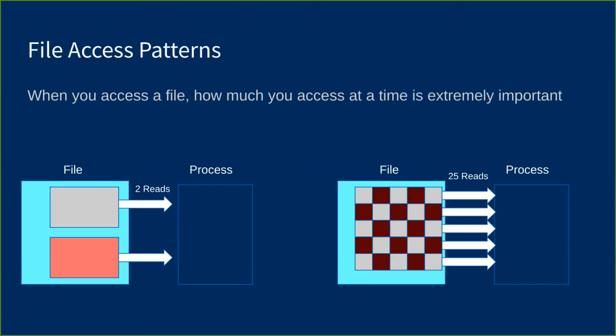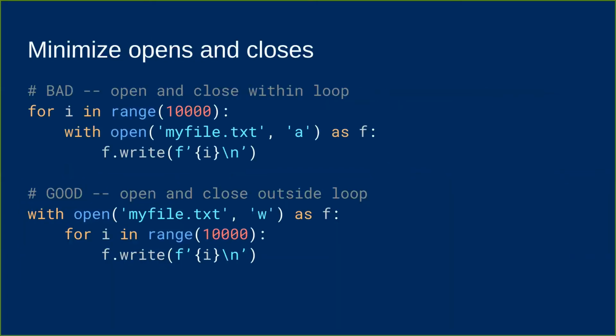That's a very expensive operation. So if you can avoid doing things like that, make sure you do, because that sort of thing can slow down programs significantly. I'm talking orders of magnitude slowdowns. So again, just make sure that you access your files intelligently, in essence.